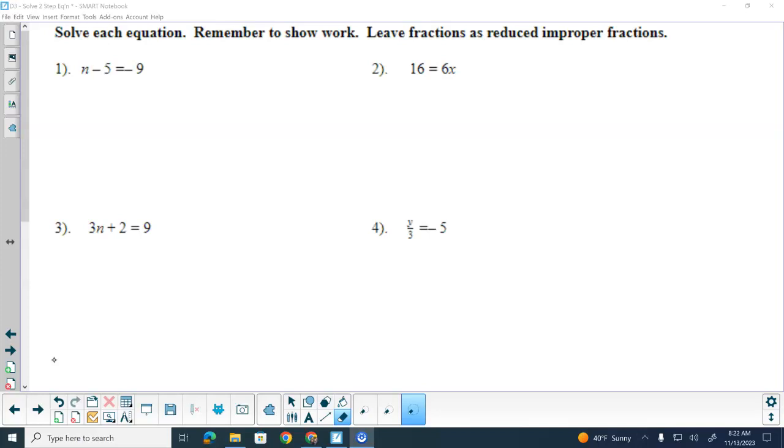It's being subtracted. So what's the inverse? What's the opposite of subtraction? Addition. So I'm going to add 5 to both sides. That makes those go away, leaving me with just n.